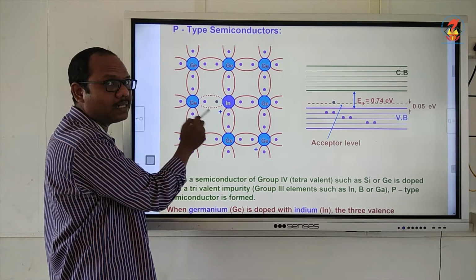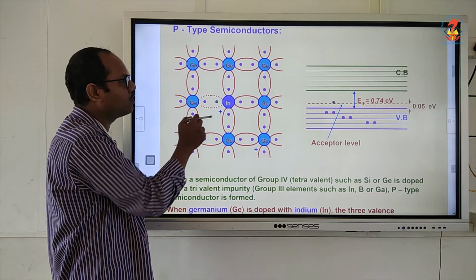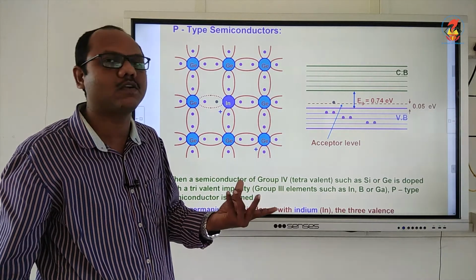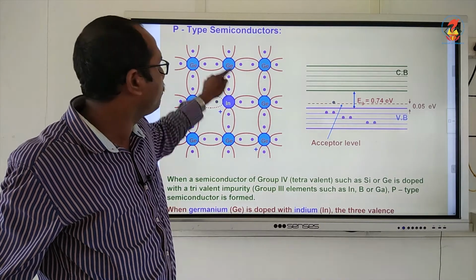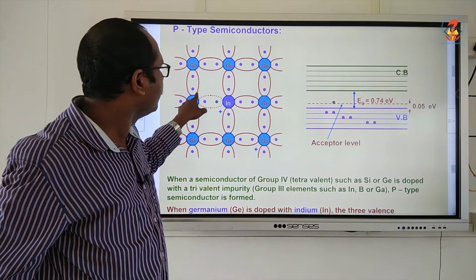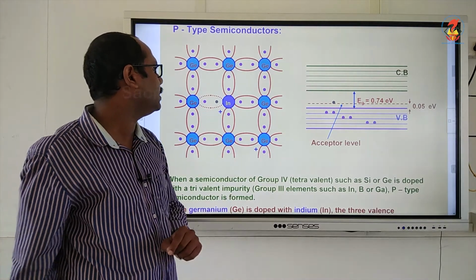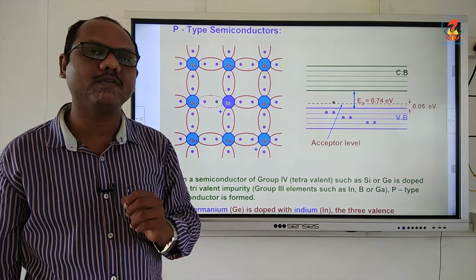Now, to complete the covalent bond, we need one more electron which is deficient, which is not there. Indium is having 3 valence electrons only. So, that will form covalent bond with these 3 germanium atoms, but in order to form the 4th covalent bond, there is a deficiency of electron. Then what will happen?